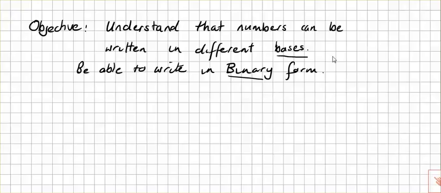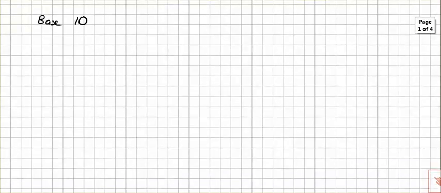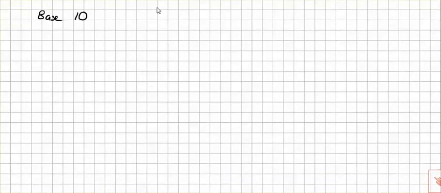Now, currently, you probably have only ever worked in number base 10, which is a nice, easy one to do because 10 is a nice number to work with. And what do we mean by base 10? Well, base 10 is when, to make all the numbers that you are going to use, you use 10 digits.